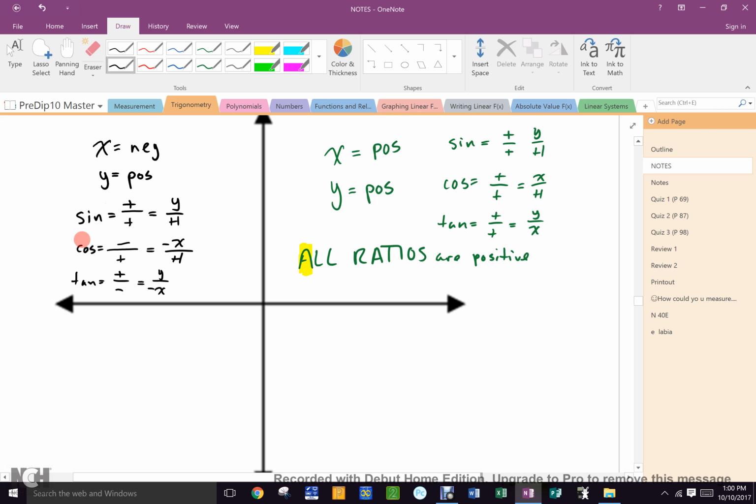So what's positive in that? Sine, cos, or tan? Sine is positive. Please highlight the S. What's going to happen down here? What's x? We'll finish this tomorrow.